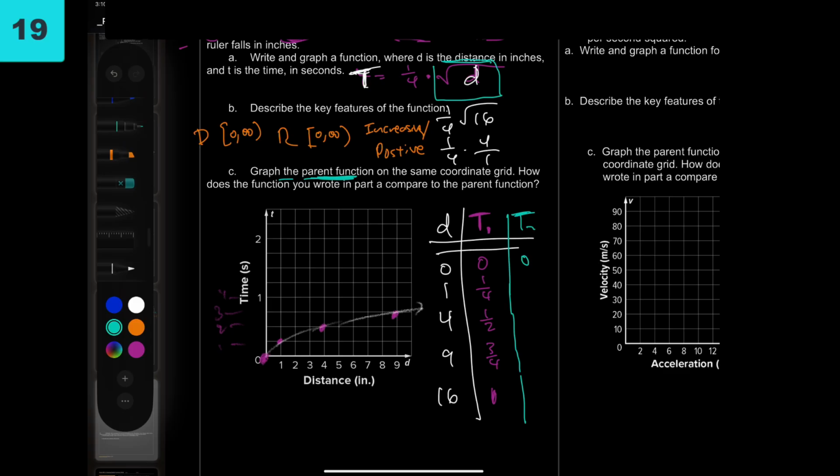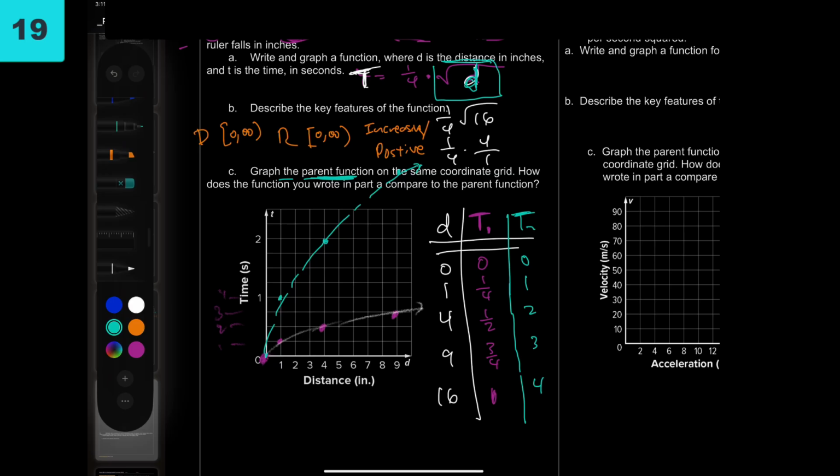So square root of 0 is 0, square root of 1 is 1, square root of 4 is 2, square root of 9 is 3, square root of 16 is 4. So then if you graph that, the white and the blue, so I got 0, 0, 1, 1, 4, 2, and then 9, 3 is way up there. Okay, so your graph looks like this.